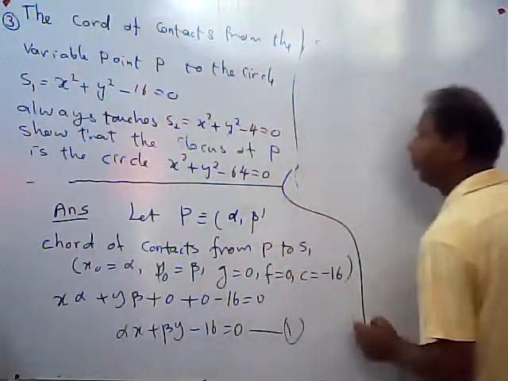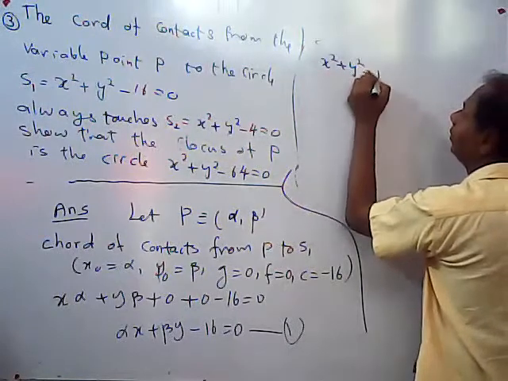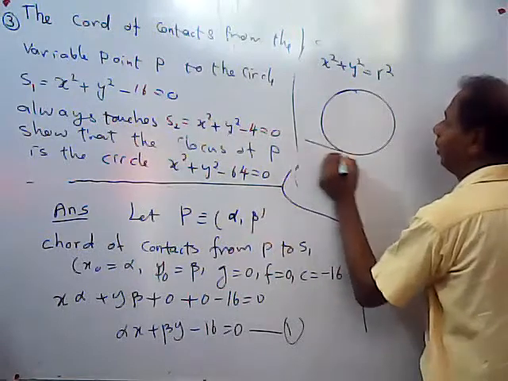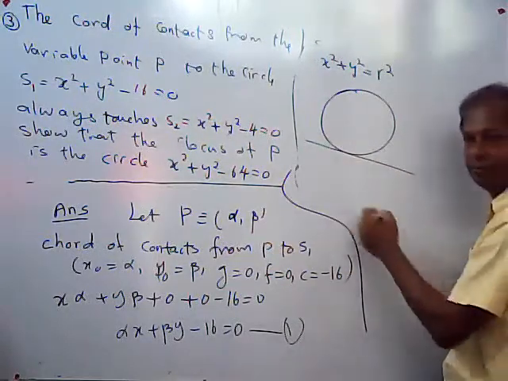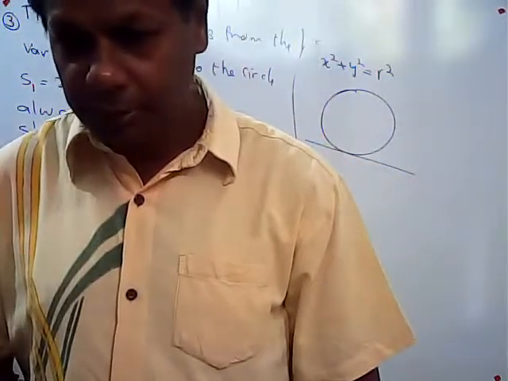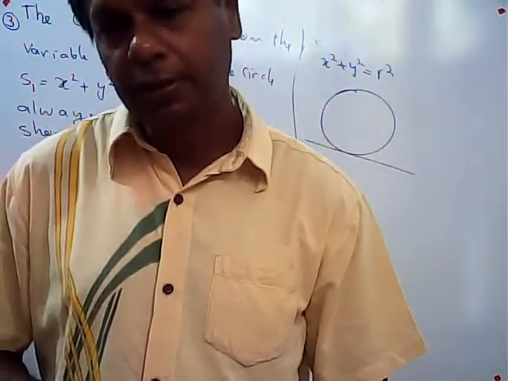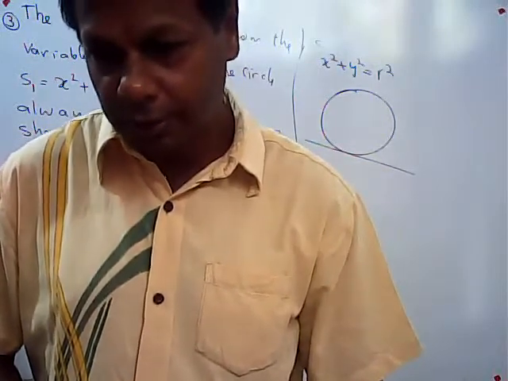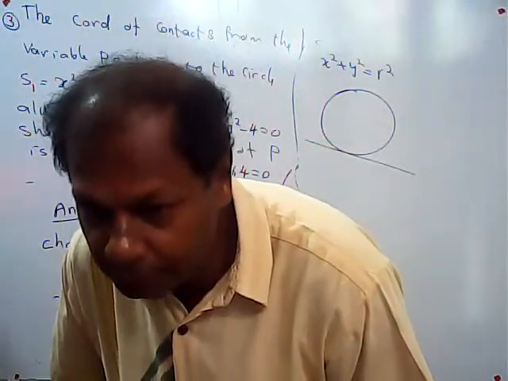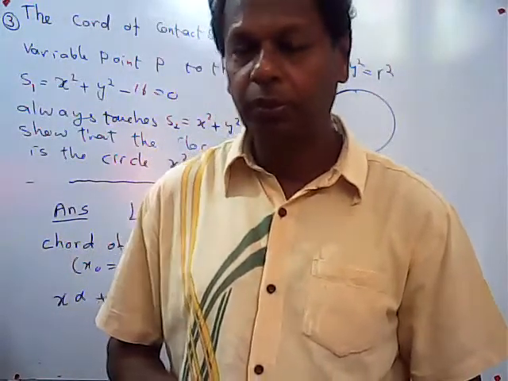The circle is in the form x square plus y square equals r square, right? And this straight line we can write in the form... it becomes a tangent to S2, but what is the use of taking it so?